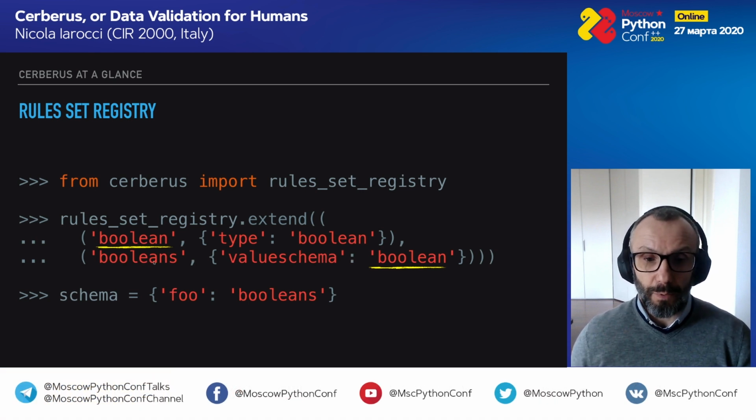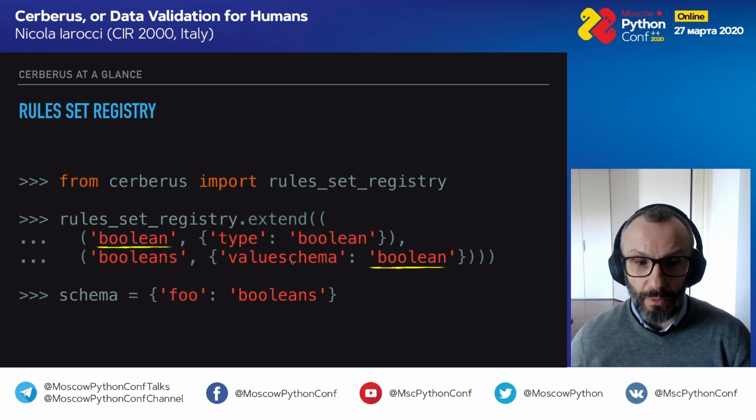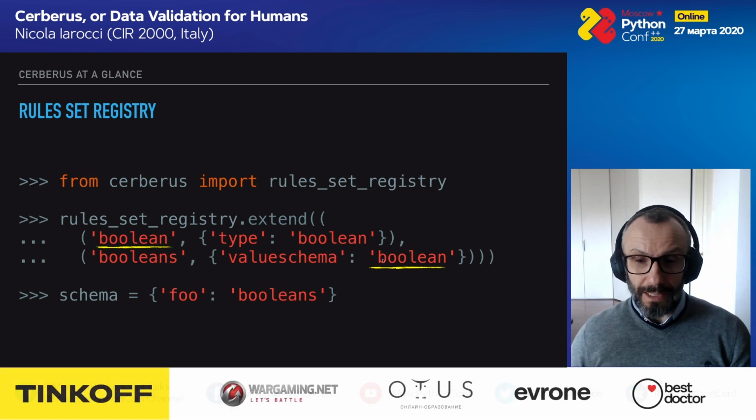And Booleans here is a plural, and this is for documents. For schemas, we want to allow for, again, here you can see that we are already using the Boolean shortcut within the rule set registry itself. So in the value schema, we accept Boolean value types.